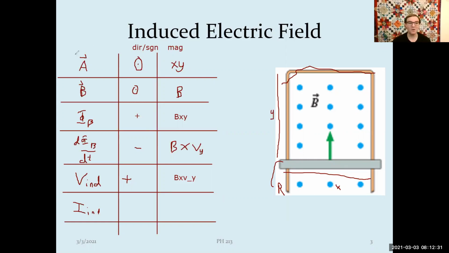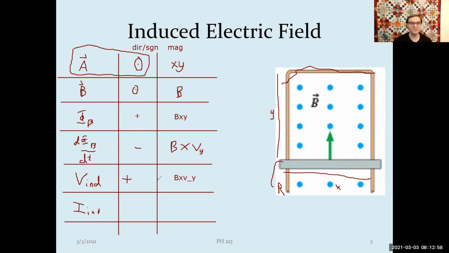You have to think about what your coordinate system is. And to do that, you've got to go back to your area vector. We chose an area vector which points out of the board. So using my right-hand rule, if I curl my fingers in the direction that I get with my thumb pointing in the direction of the area vector, I see that counterclockwise for me is a positive current. If I flip my thumb around and point opposite the area vector, now I would say clockwise is negative.